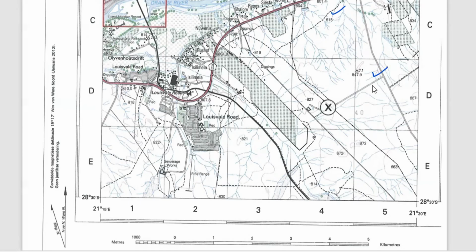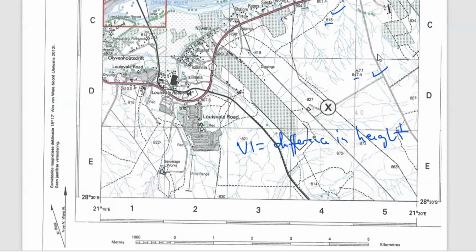So what you need to do here is, to get this measurement, you need to get the VI. Our VI in this instance, vertical interval, is the difference in height between the two features. We are saying one is 847.9 and the other one is giving us 815. So your VI, you are subtracting the smaller height from the bigger height.